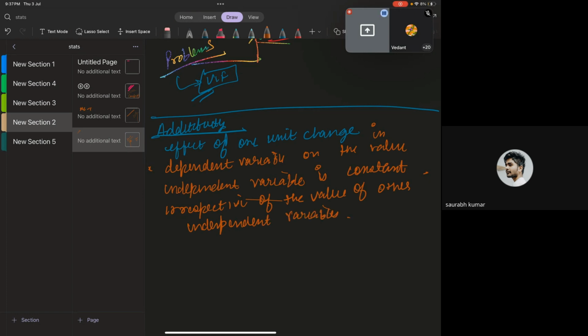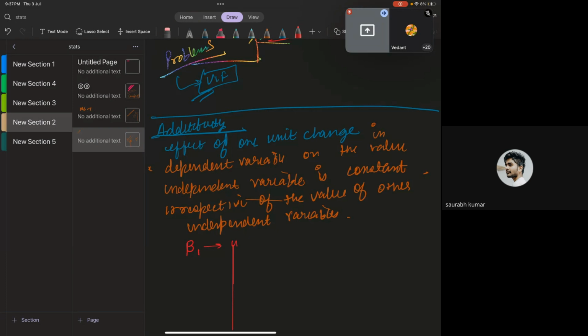What was the first one saying, everyone? The assumption that we learned, that beta 1 is what?